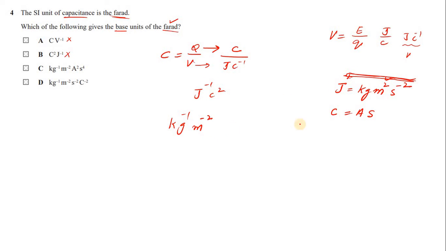So kg minus 1, M minus 2, and S square. And then coulomb square. If you replace coulomb with ampere second, it will be ampere square and second square. Finally, second square with second square gives second 4. So kg minus 1, meter minus 2, ampere square, second 4. Option is C.